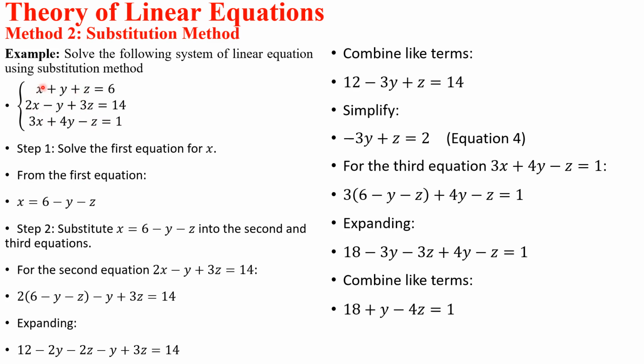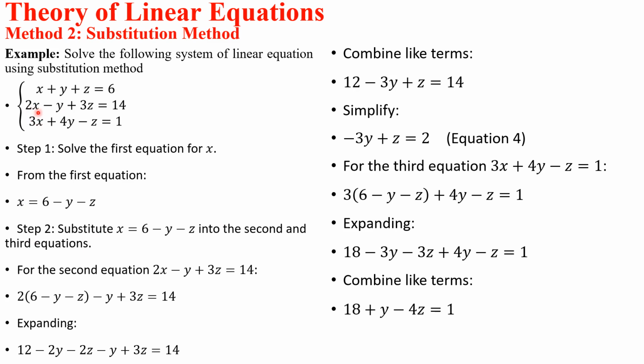So the simplest equation to pick here in solving for one of the variables, say x, is this equation. So we can solve for x. So x will then be equal to 6 minus y minus z. So the next step is to substitute for x in the second and third equations.